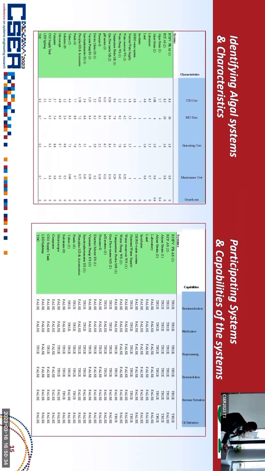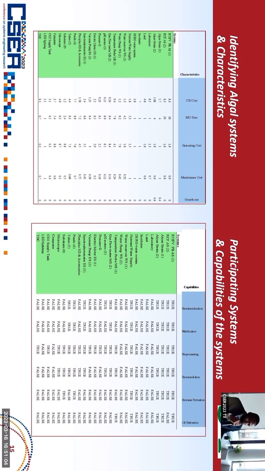Now, for my algae systems, I have 27 systems and 5 characteristics that I'm looking at, where I also have 6 capabilities. These values you are seeing are based on cost values and time monitoring values, because one of my main focuses is cost-effective pollution remediation. That's why cost has been the main factor I'm looking at.